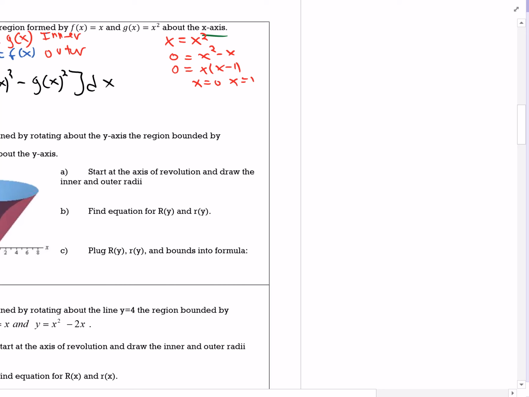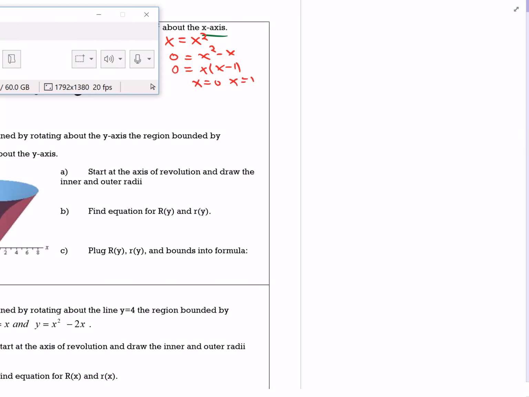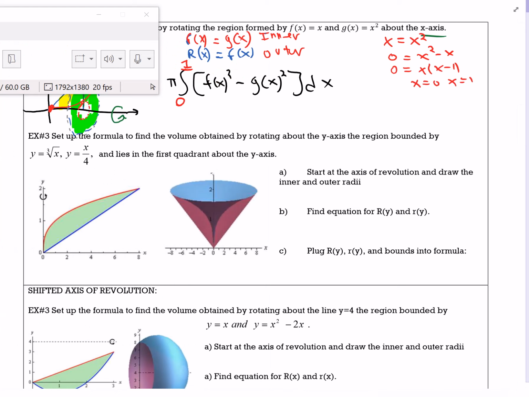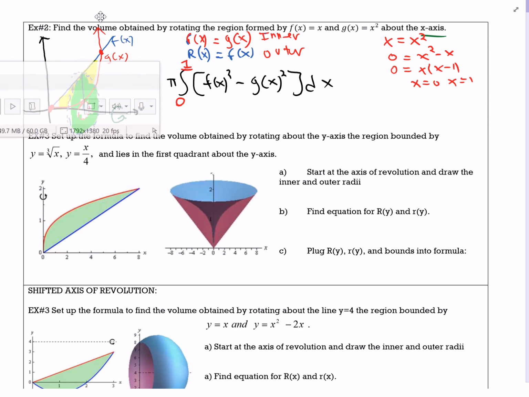And we'd integrate that. Let's do this one on a calculator. Okay, so we're just going to do math 9, integrate from 0 to 1. f of x was x, so it's going to be x squared. g of x was x squared, so that's going to be x squared squared, which is x to the 4th, dx.